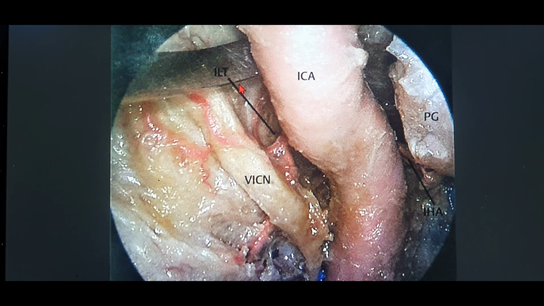But, very important, second point, you have to remember that it is always going to be above the sixth cranial nerve, the abducens nerve, as you can see over here in this cadaver example. So this is a trunk which you can see over here, which is always above the abducens nerve and arises from the infero-lateral area of the cavernous sinus. Okay, so these are 2 points.